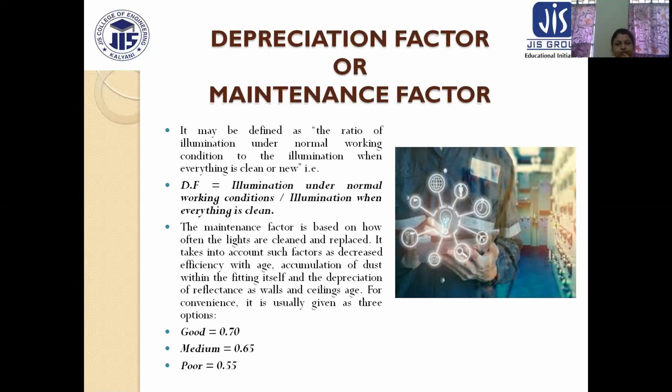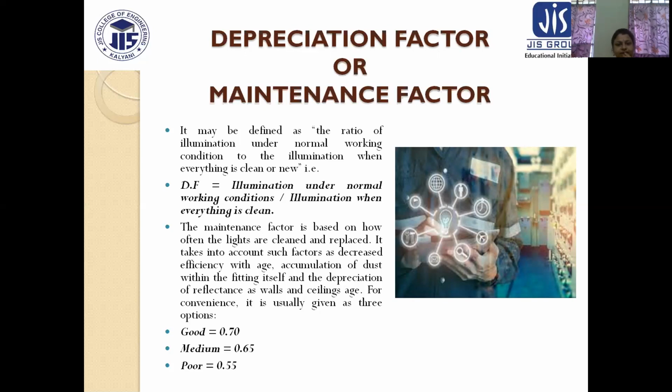This depreciation factor and maintenance factor is based on how often the lights are cleaned and replaced. It takes into account factors such as decreased efficiency with age, accumulation of dust within the fitting itself, and the depreciation of reflectance as walls and ceiling age.